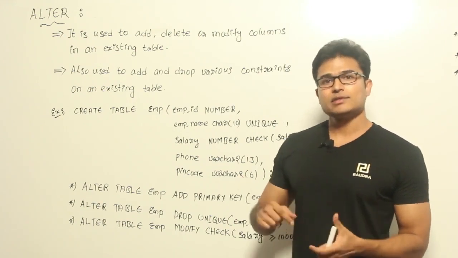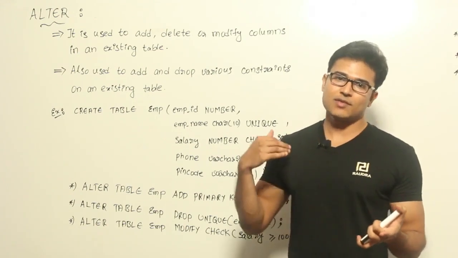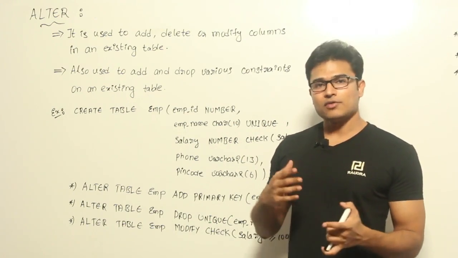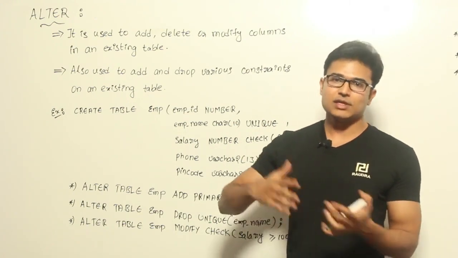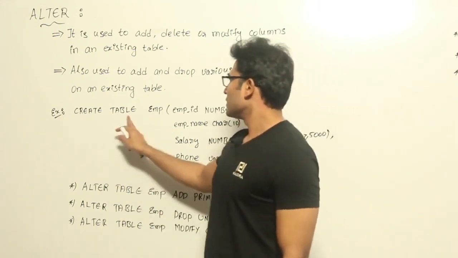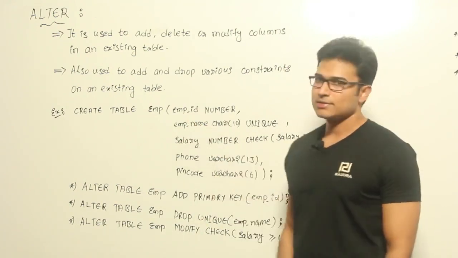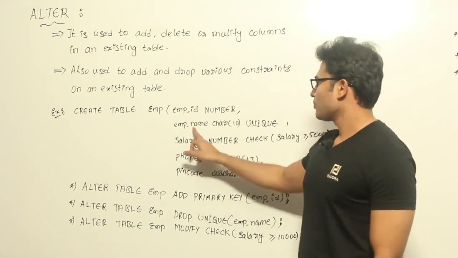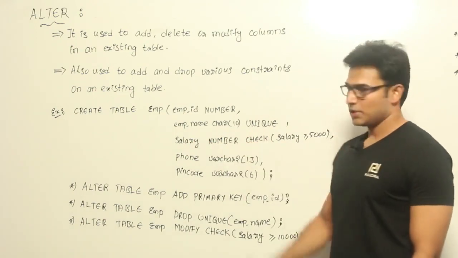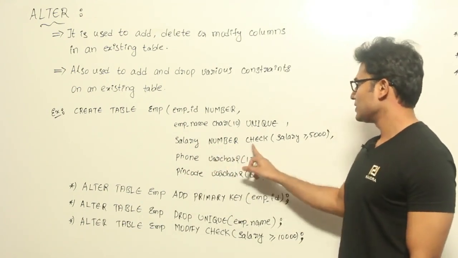And you can do this even after creating some tuples, which means even after inserting some values into the table you can do the modifications, but make sure that your modifications are consistent with the existing table, right? Now if you observe this, create table employee, we are creating a table with employee ID as data type number and employee name as data type character, and it is going to be unique, and then salary as data type number which has a check.